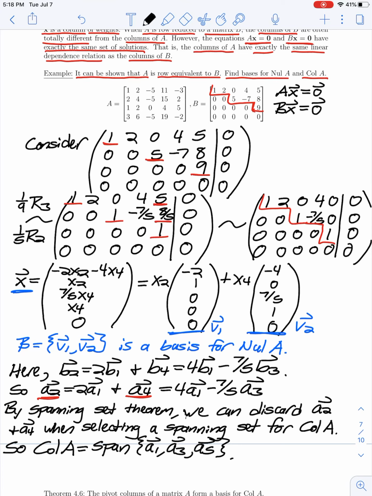Now, we have a spanning set of vectors for the column space. We just need to show that they are linearly independent in order to show that they form a basis.